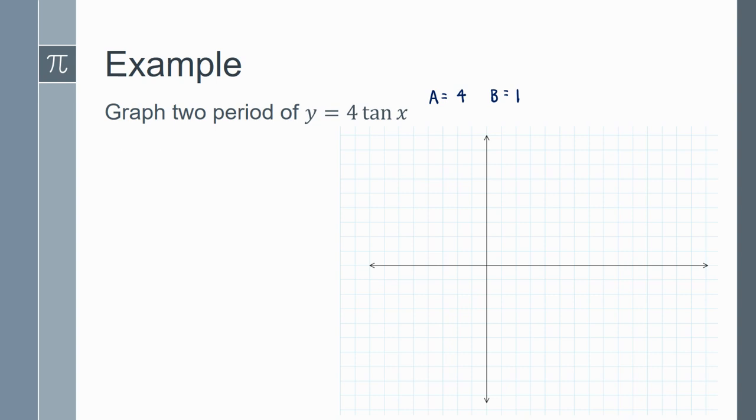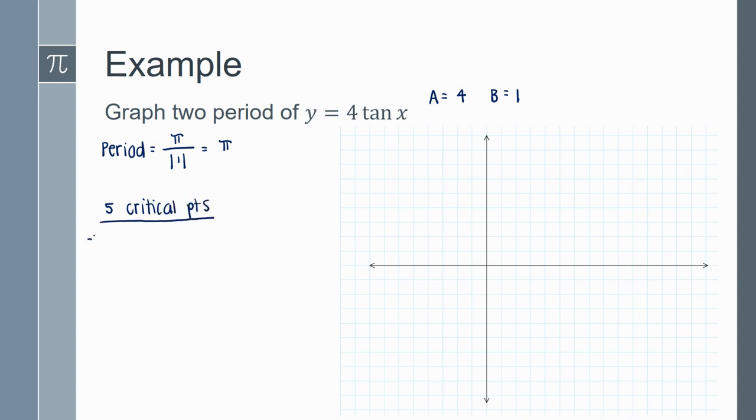Once again, there's no amplitude to identify, but we do have a period. We're taking pi, because it's half of the circle, and dividing by the absolute value of b. Well, the absolute value of 1 is 1, and pi divided by 1 is pi. So now that I have the period and I know what my value for A is, that's all we need to start finding our critical points.